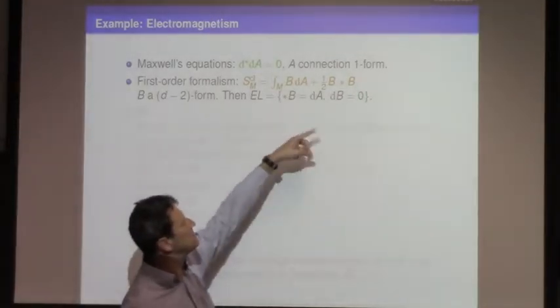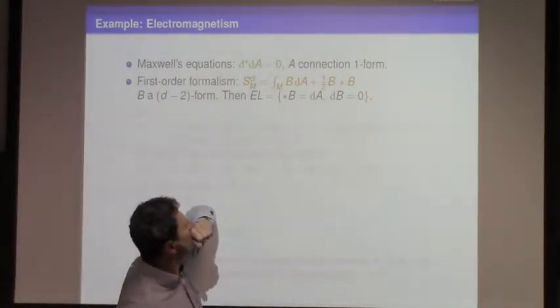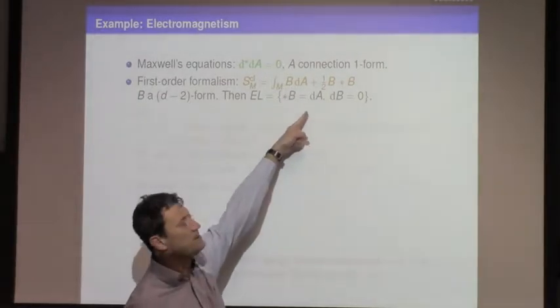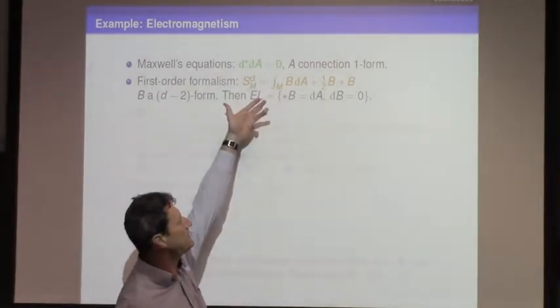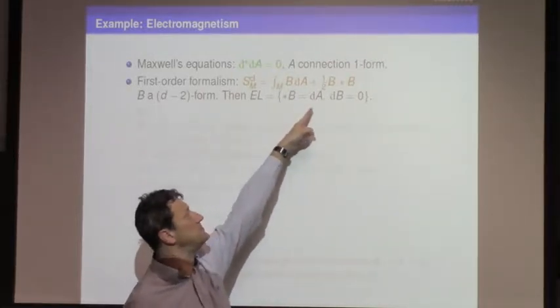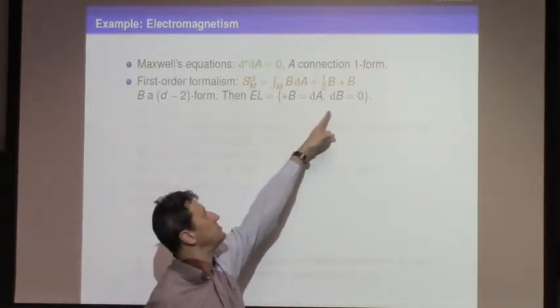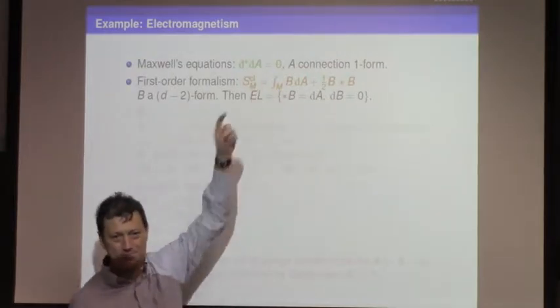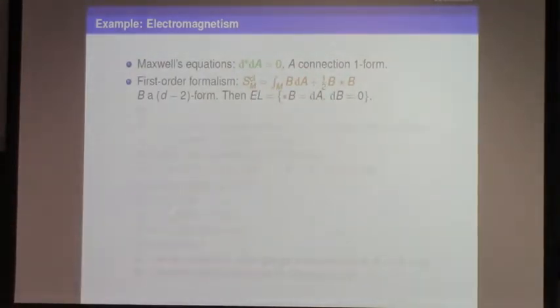If you take the variation with respect to B, you have the equation star B equal to dA, and if you take the variation with respect to A, you have the equation dB equal to 0. So from this you see that B is completely determined by A, and the equation for B gives you back the Maxwell equation. So classically, this is equivalent to the Maxwell action.